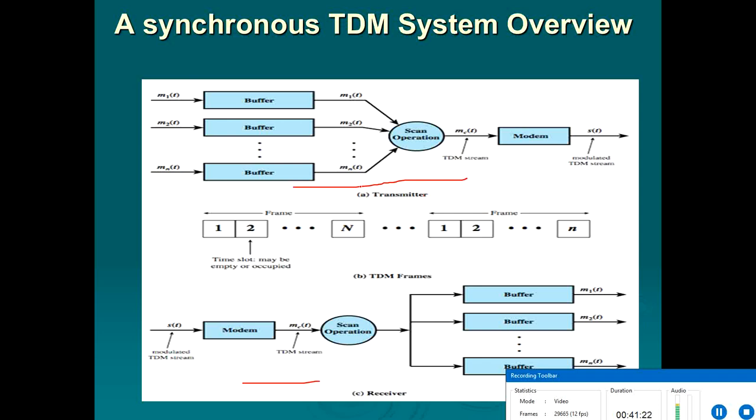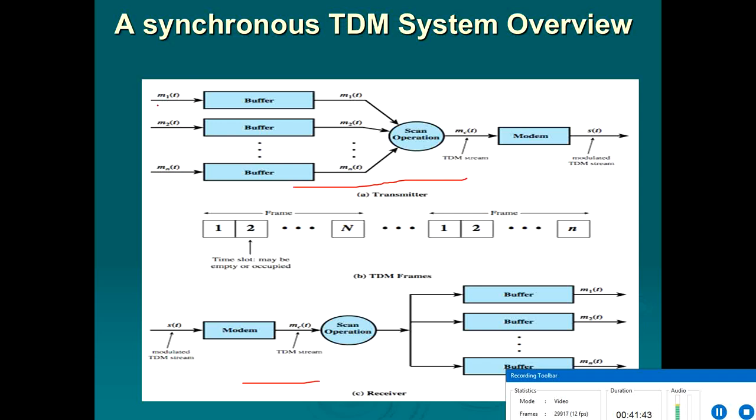So a number of signals, meaning a number of sources, are to be multiplexed on the same transmission medium. The basic idea, whether it's frequency division multiplexing, wavelength division multiplexing, or any kind of multiplexing, is the same: we need to combine the signals from different sources.